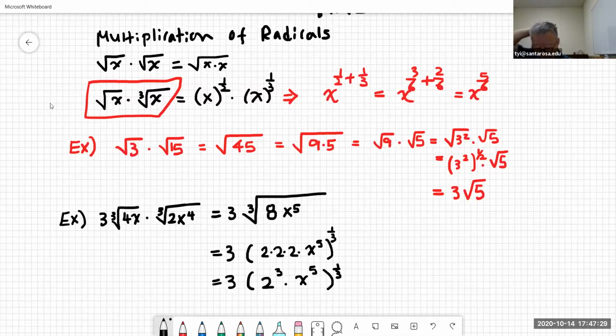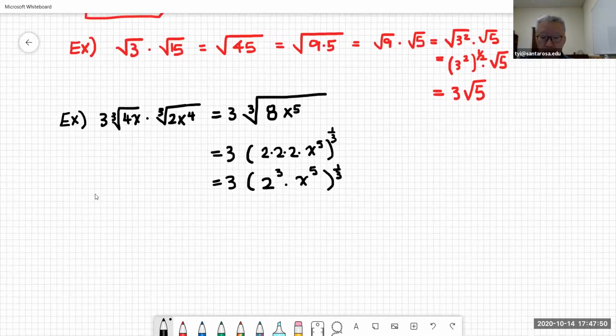Now here's the one thing we have to be careful about, because we want to simplify as much as we can when we apply the 1/3, the cube root, to the 2 cubed and x to the 5.